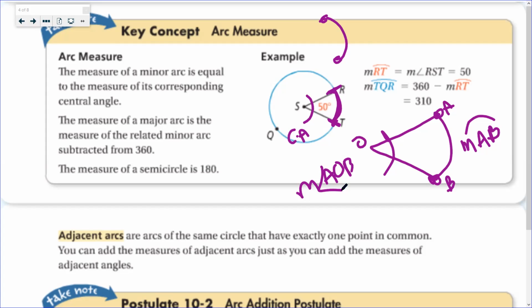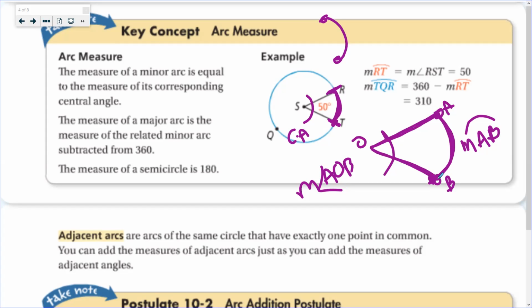I told you that this is an arc, and the measure of arc AB is equal to the measure of its central angle. This angle's vertices are on the endpoints of the arc, which will be this angle.